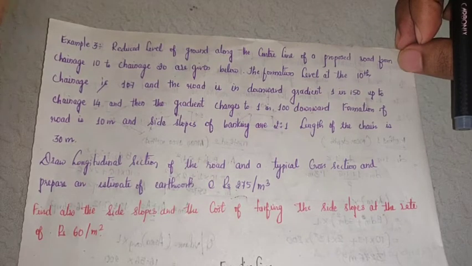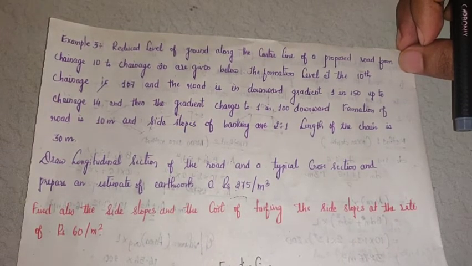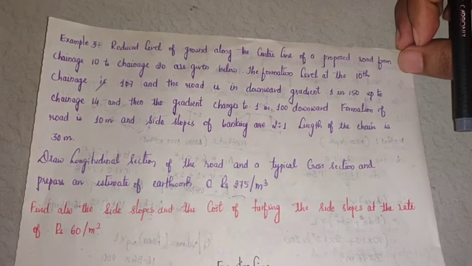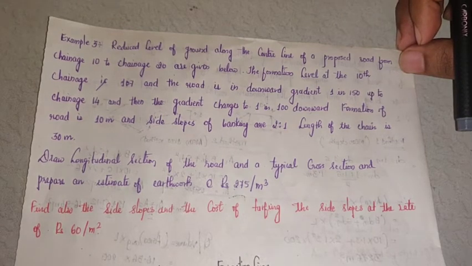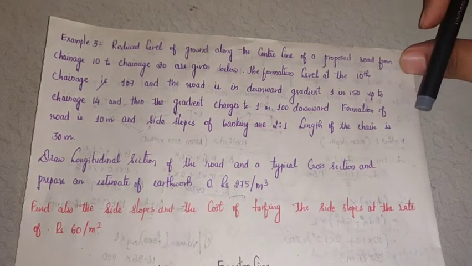From that formation level, the ground is in a downward gradient, means it has a downfall of 1 in 150 up to chainage 14. After that, the gradient changes to 1 in 100 up till 20. The road formation is 10 meters and the side slopes are taken as 2:1.